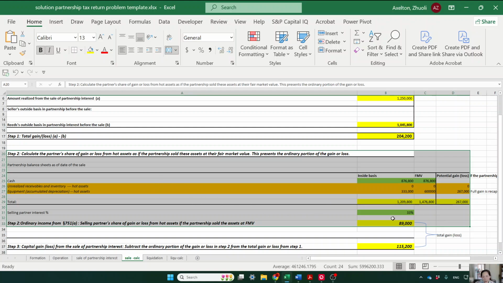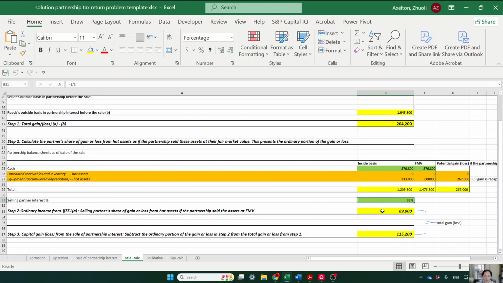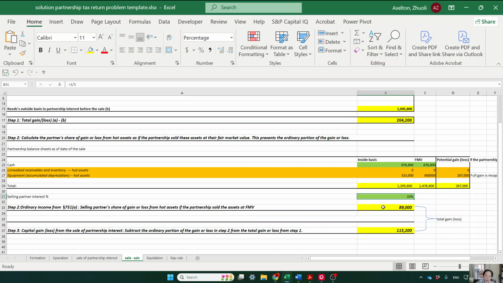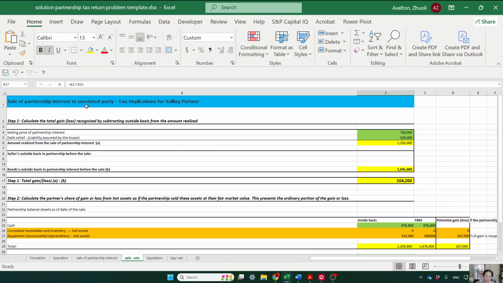Second, you apply the partnership interest percentage, the partner's interest in the partnership. In this case, we're looking at the selling partner's interest percentage, which is only 33%. Once step 2 is done, step 3 is pretty much finished. So that's the sale of partnership interest calculation.